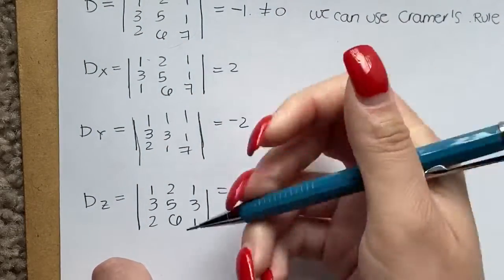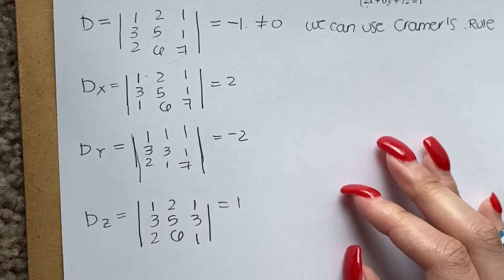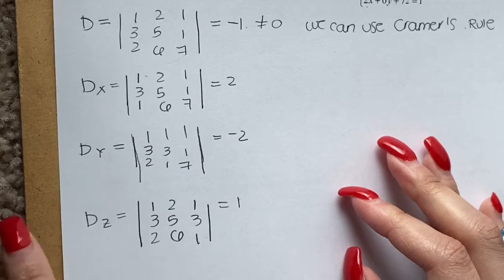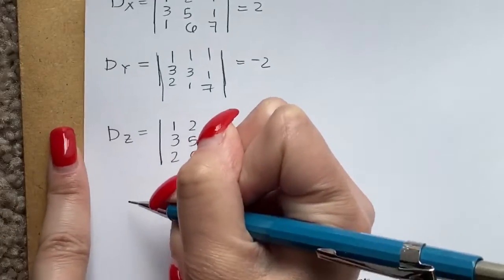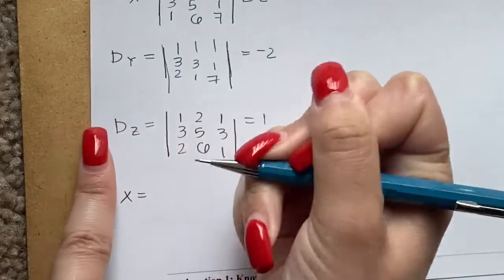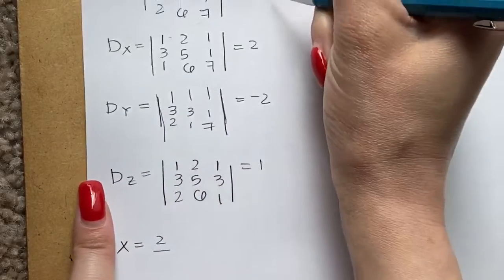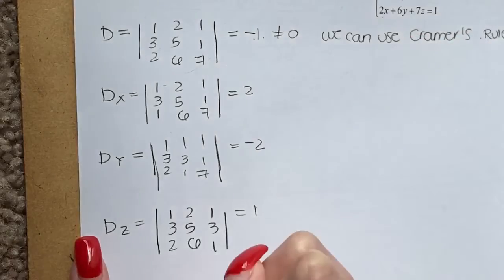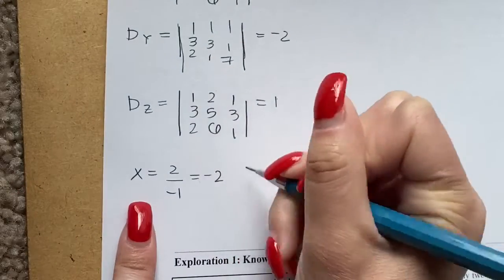Now you might tell me, so why do I care about this? Well, basically we are almost done with this. Why? Because you know that your x is going to be equal to d sub x divided by d, which is -1. So you know that x is -2.